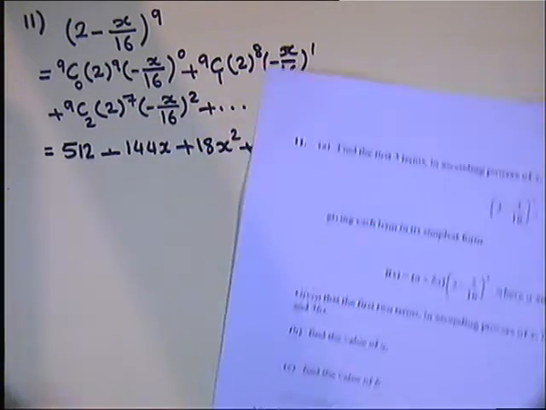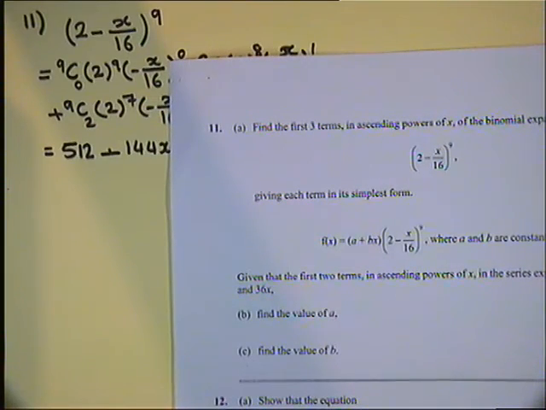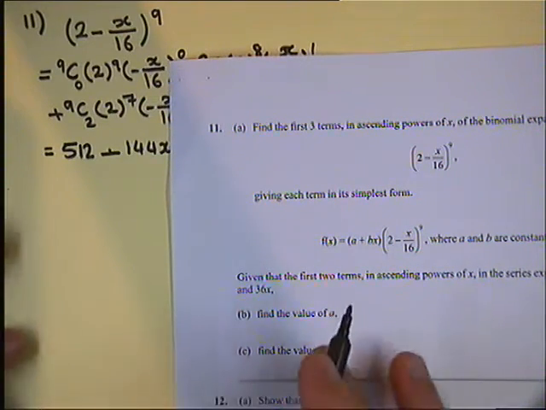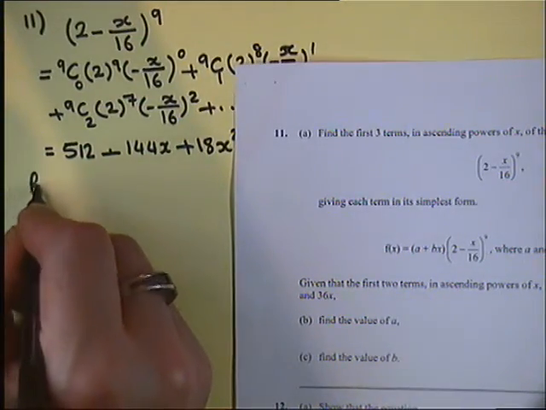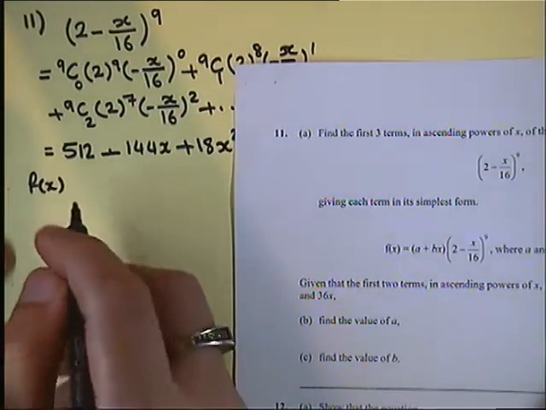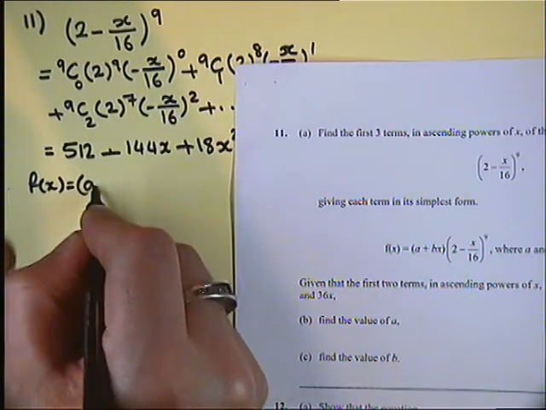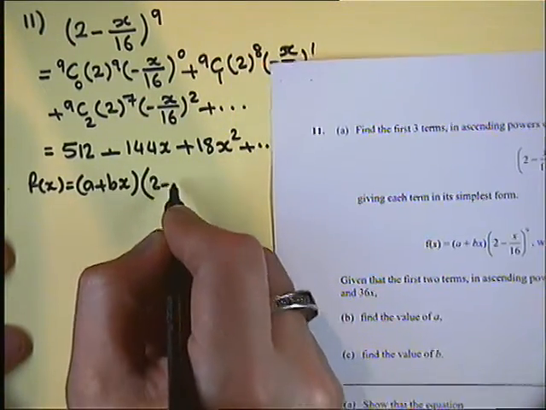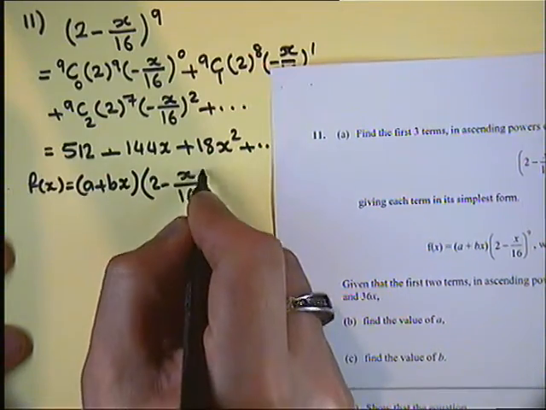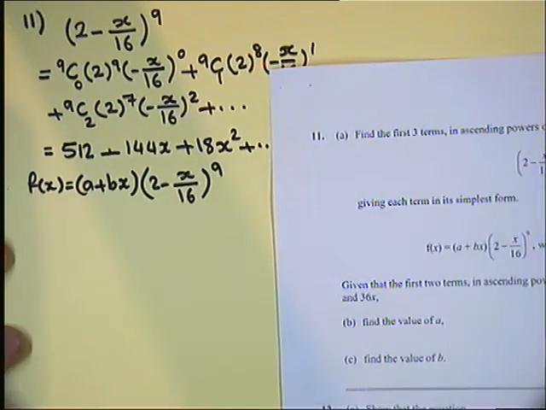Okay, the next part of the question. For part B, f of x is equal to (a plus bx) times by (2 minus x over 16) to the power of 9, where a and b are constants.